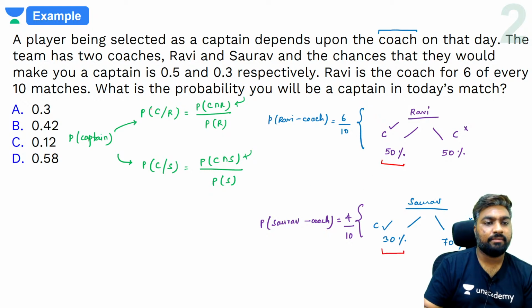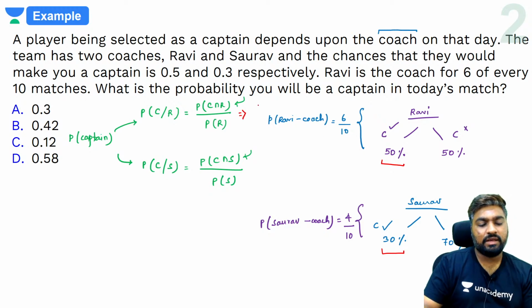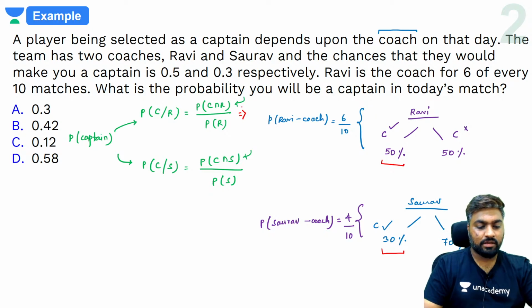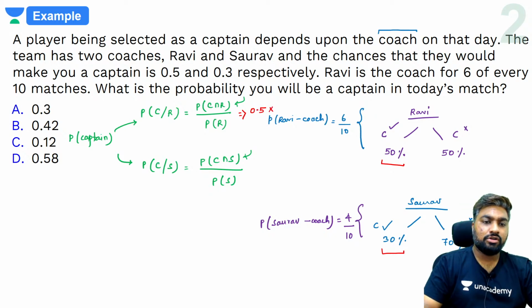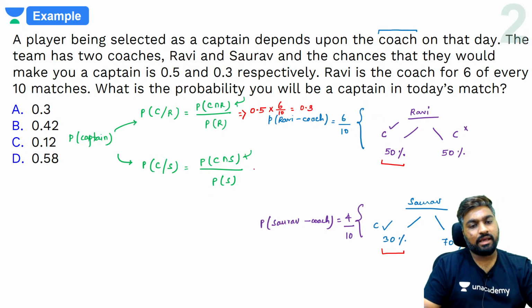So क्या हो जाएगा यहाँ पे? In the first case we would have 50% chances, or 0.5, out of 1 into how many cases? 6 out of 10 matches. Yes, this is how much? 0.5 into 6 is 3, 3 by 10 is 0.3. यहाँ पे क्या होगा?